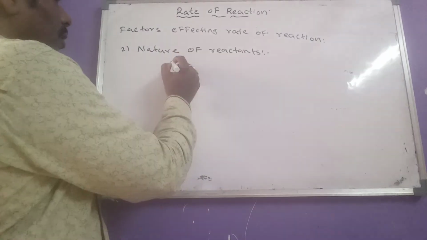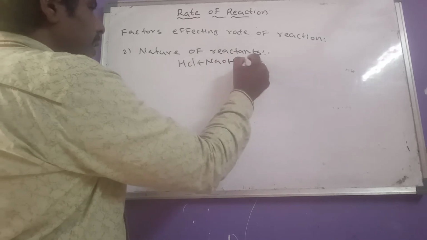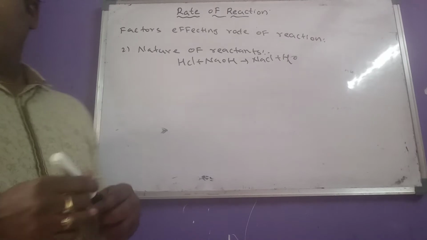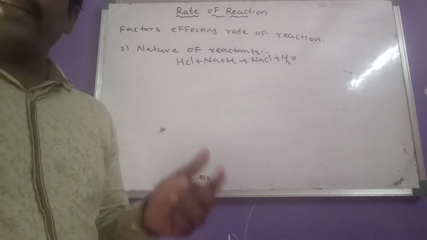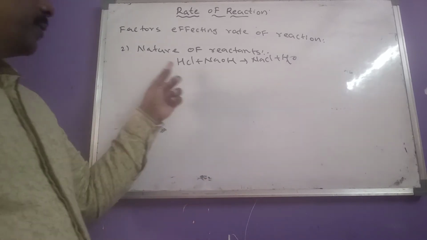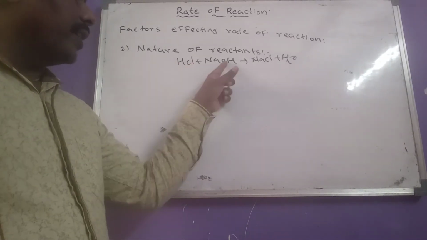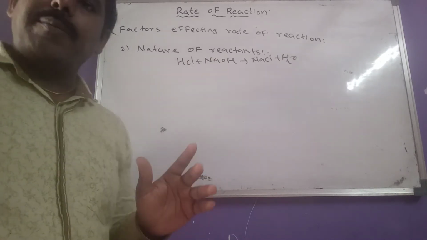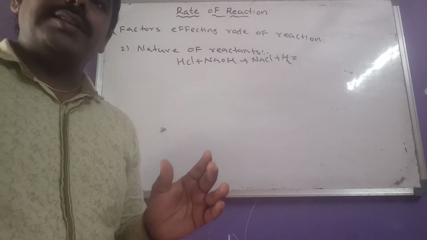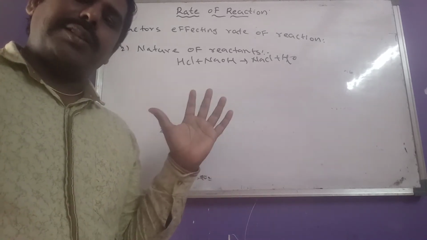For example, HCl plus NaOH, they react to give which one? NaCl plus water. Here just exchange of ions is taking place. H plus and OH minus, Na plus and Cl minus are exchanging their positions. So due to that, ionic reactions take place at a fast rate.